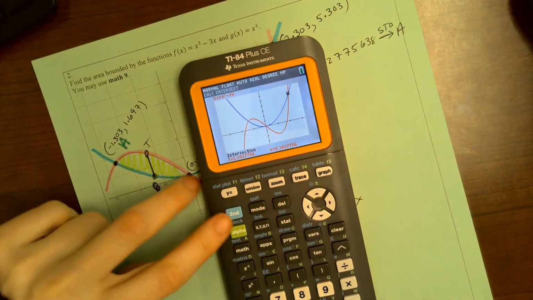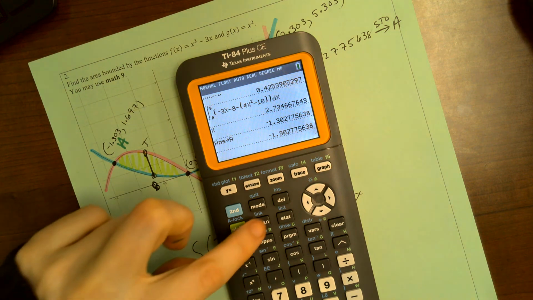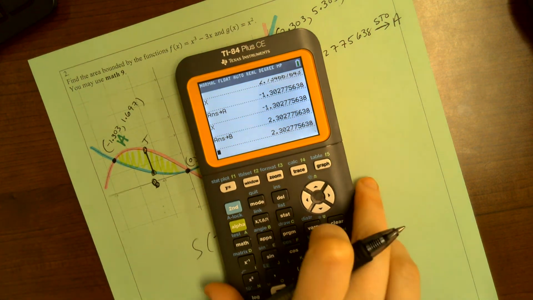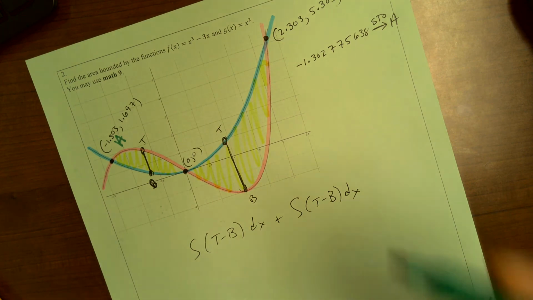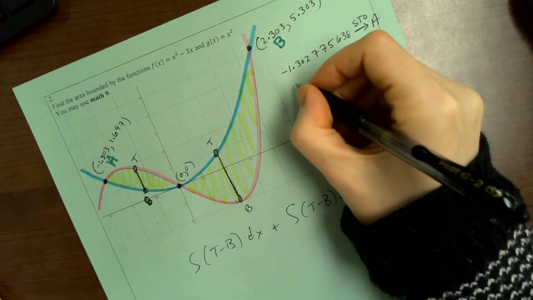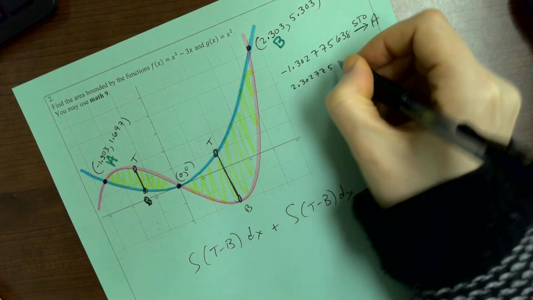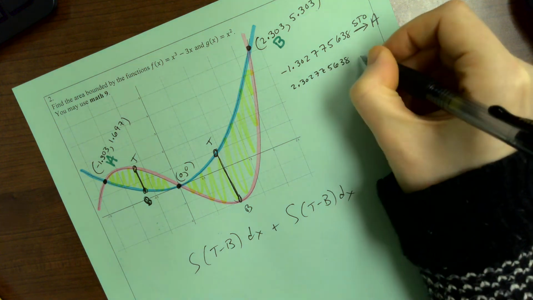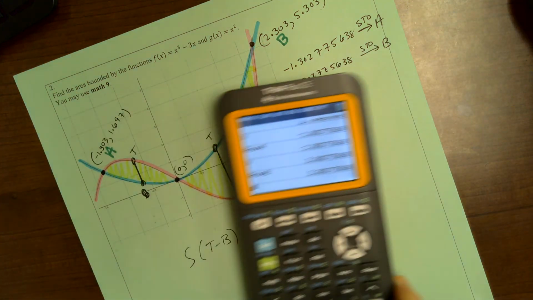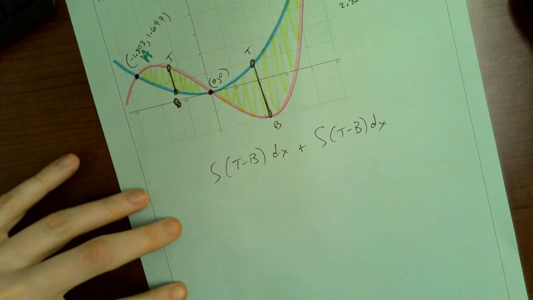Then I hit quit, x, store as B. So now this is B, 2.302775638, stored as B. I just got that right for my calculator. Okay, now we can do the integral.